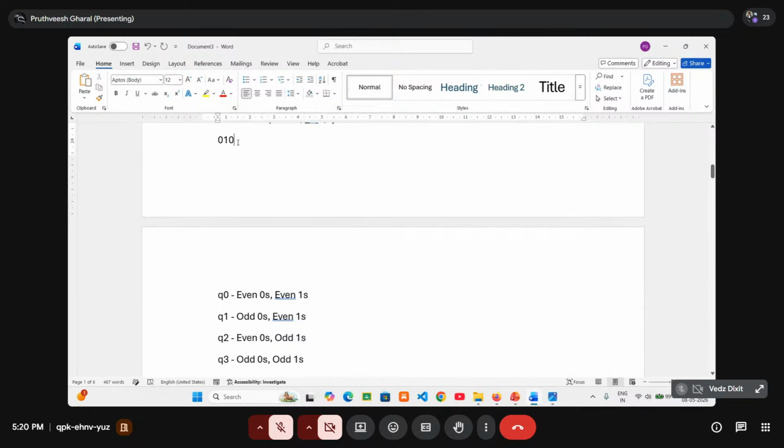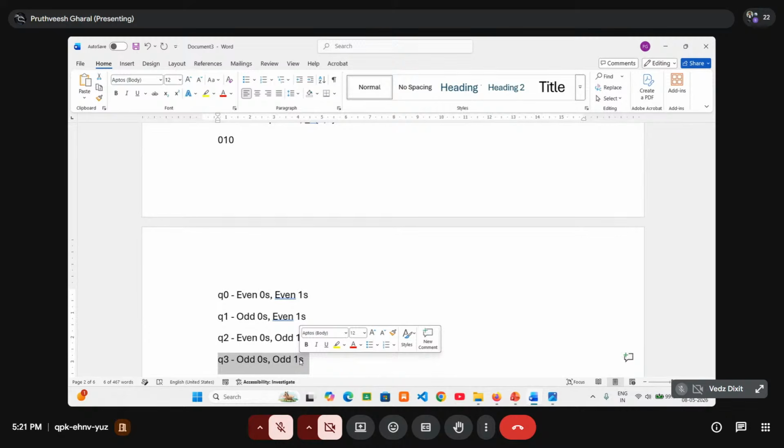Before this, the DFA was in the Q3 state. We told it to move to the Q3 state. Now the DFA reads the next input, 0. It asks us, if I'm in the Q3 state and I encounter a 0, which state should I move to next?